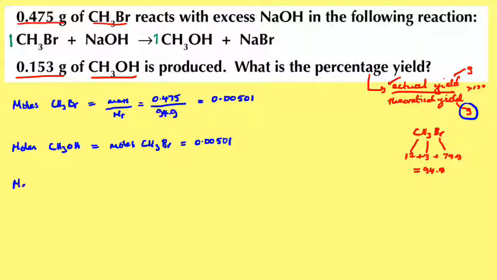So the next line is calculating the mass of methanol, using a rearrangement of the same equation we've just used: mass is moles times MR. But it's the MR of methanol this time. So we use the moles of methanol, 0.00501, times, and let's switch to red again, the MR of methanol, CH3OH.